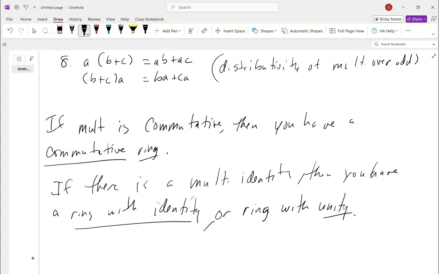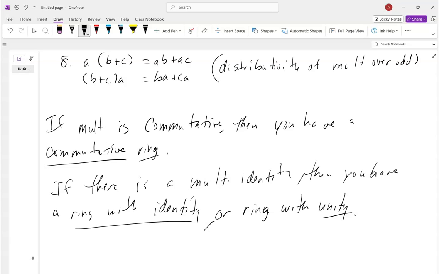All of these axioms and these last two definitions are independent of each other. What we mean is that you can find structures in which all of the things are true except for one of them. That's what independent axioms means. An axiom is independent from the rest of them if you can find a structure in which all of the previous axioms are satisfied, but not the last one.